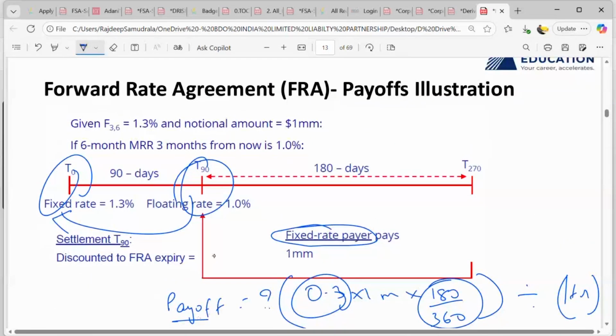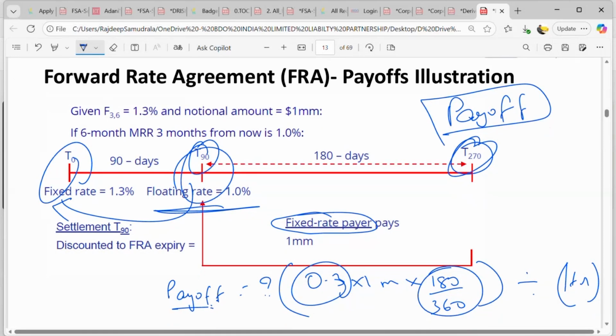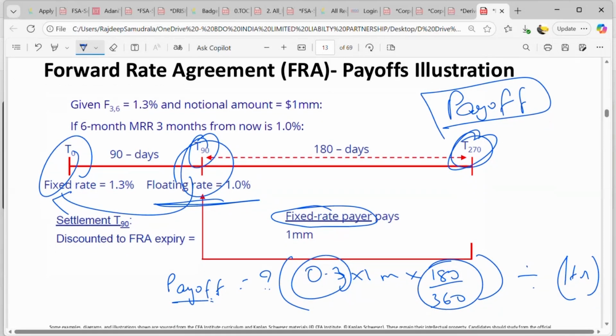This date. Because you'll pay the interest after the loan period, no? You won't pay in advance. So the payoff happens here. But if they ask for today's value of the payoff, then you bring it to present value. And how to do it? Use a CFA calculator and get the value based on that.